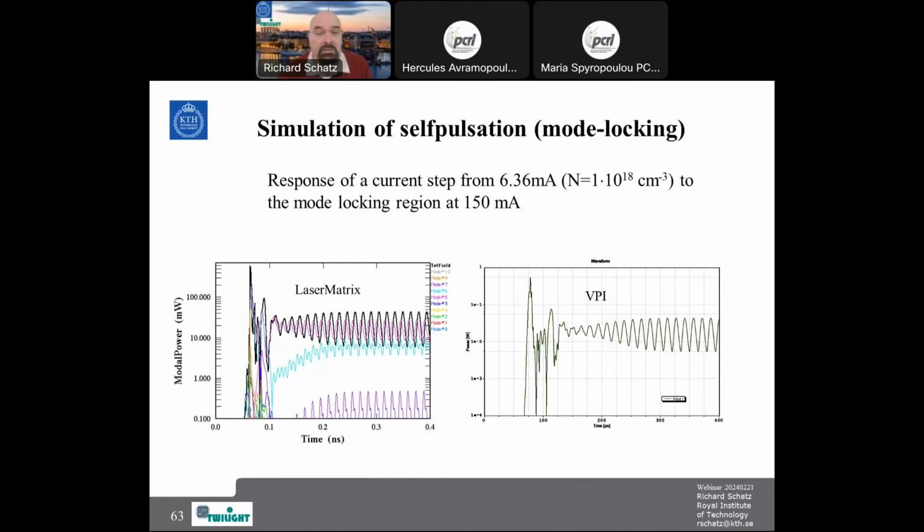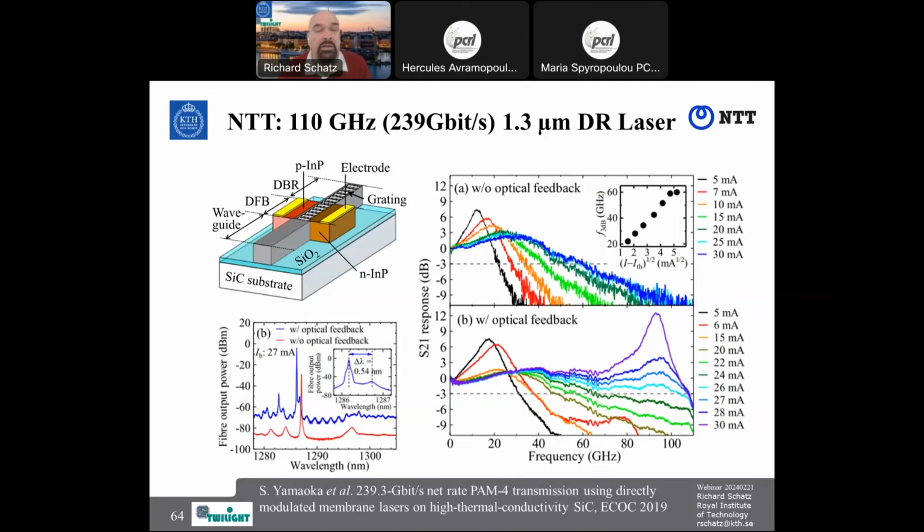So now I want to show another feature of LaserMatrix. Here is the world record laser DML. It has 110 GHz bandwidth. It was made by NTT. Why they get very high bandwidth in this laser is because they use an indium phosphide membrane on a silicon carbide substrate. And silicon carbide has excellent heat conductivity. So the thermal limit of the laser becomes much higher.